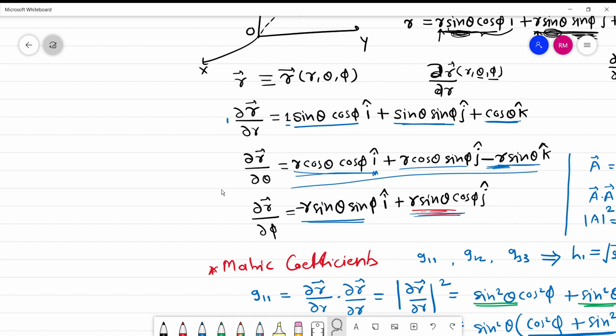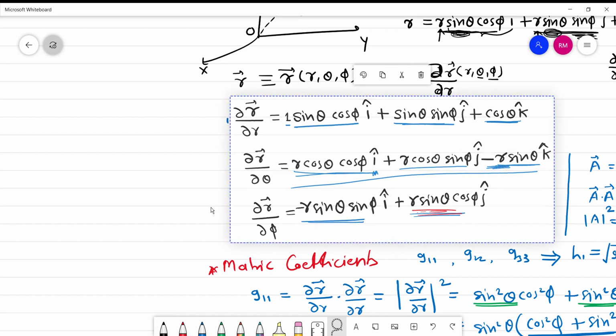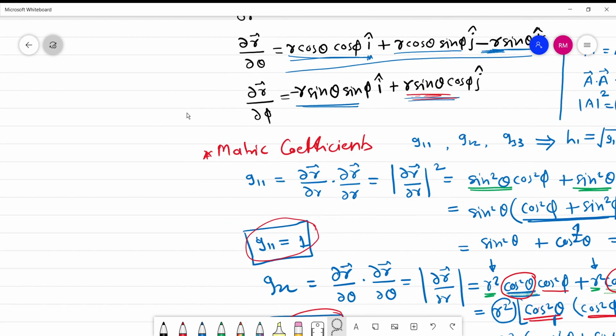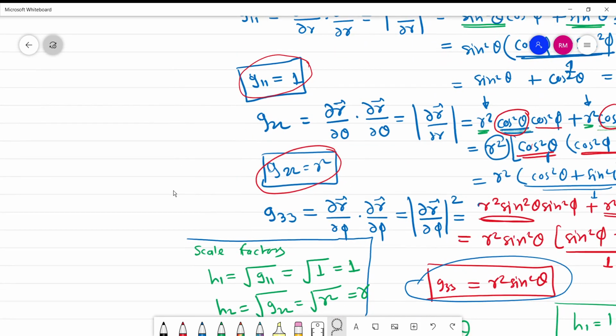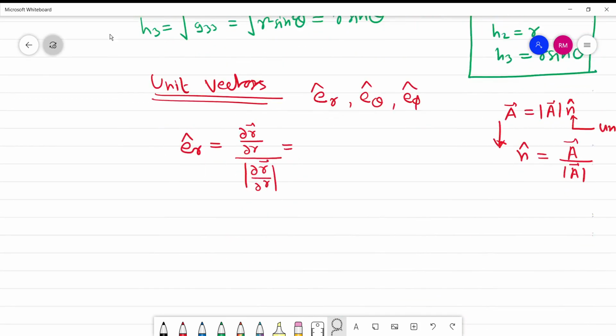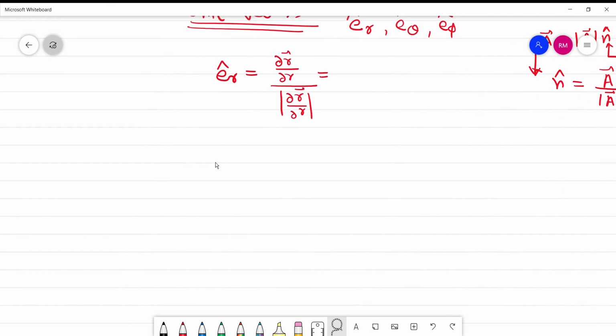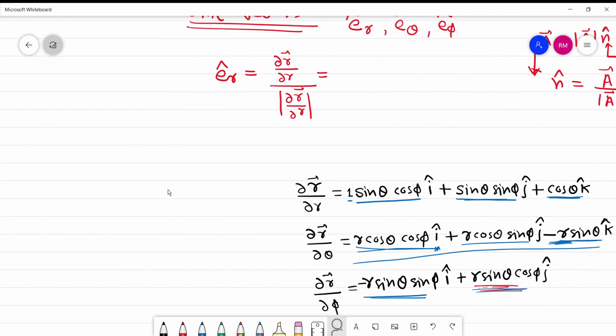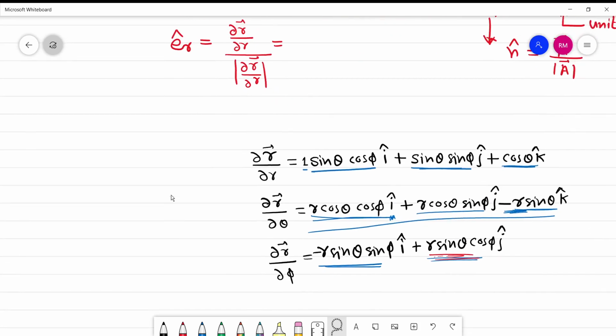So let me see whether I can copy this or not. I will copy it here. Okay, so these are the quantities we are interested in.